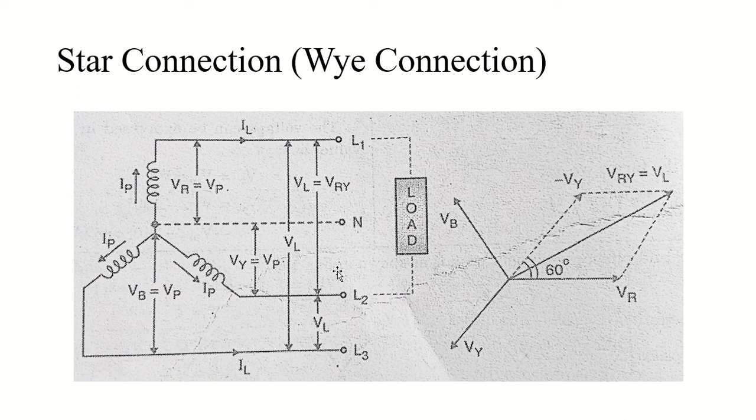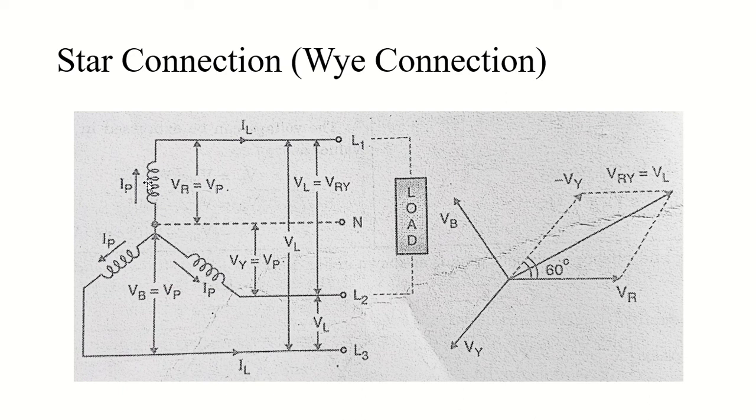When we do so, one joint gets formed. That joint is called the neutral joint, or neutral point. Then we take one wire out from the neutral. Here you can see this one.